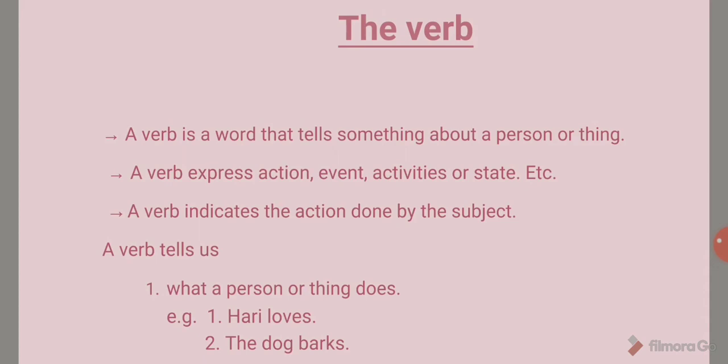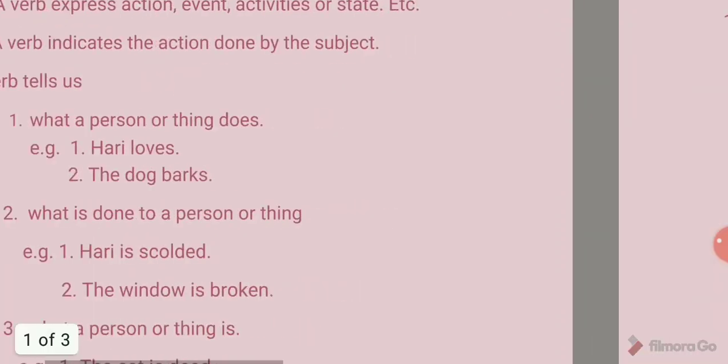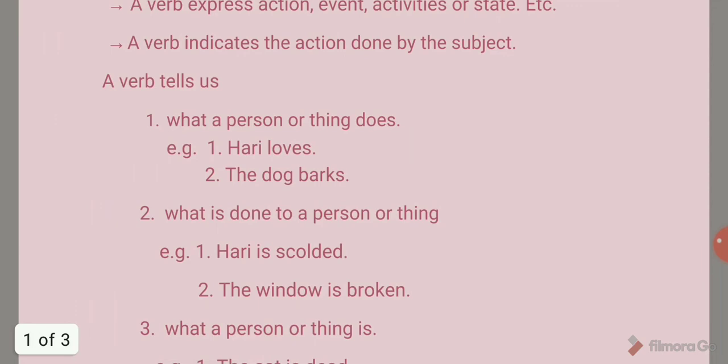So we can easily say that the verb, which shows an action, event, activity or state of the subject in the sentence, changes in two ways, that is regular verb and irregular verb.